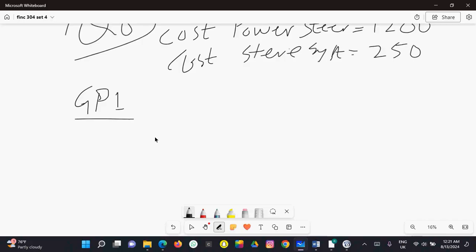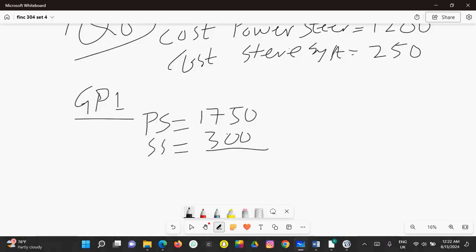So they value power steering PS to be 1,750, and then the stereo system to be 300. So the total revenue we will get from them is 2,050. That's the total revenue you are going to get from them.